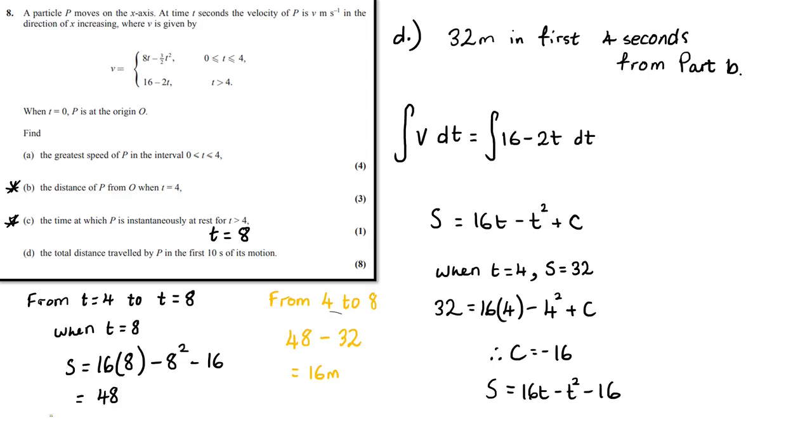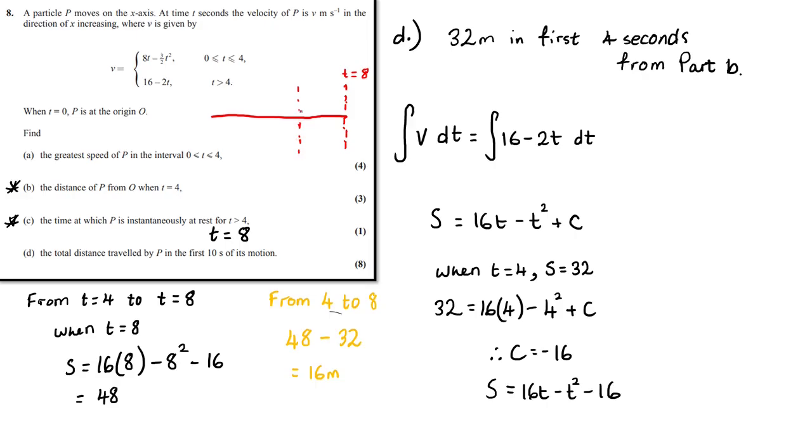If I draw a quick sketch of why this is a slightly tricky question, it's because the motion looks something like this. This second dotted line here would be where t equals 8. The motion goes back on itself.